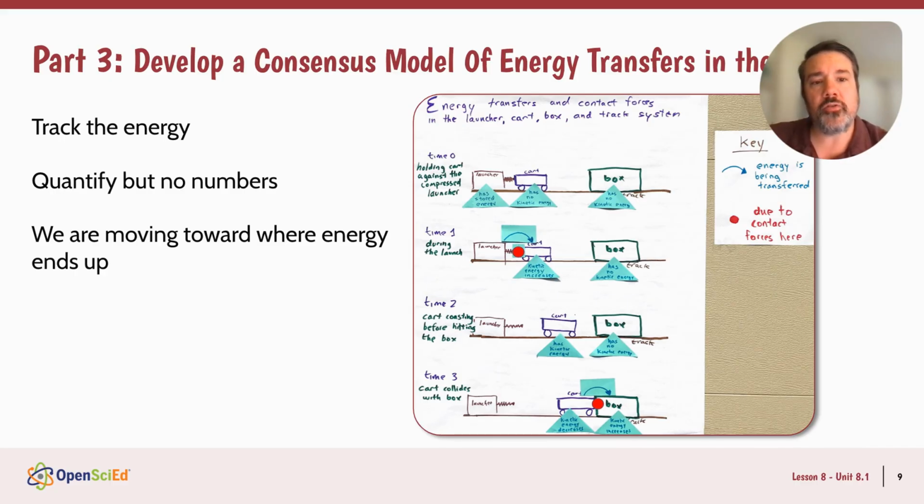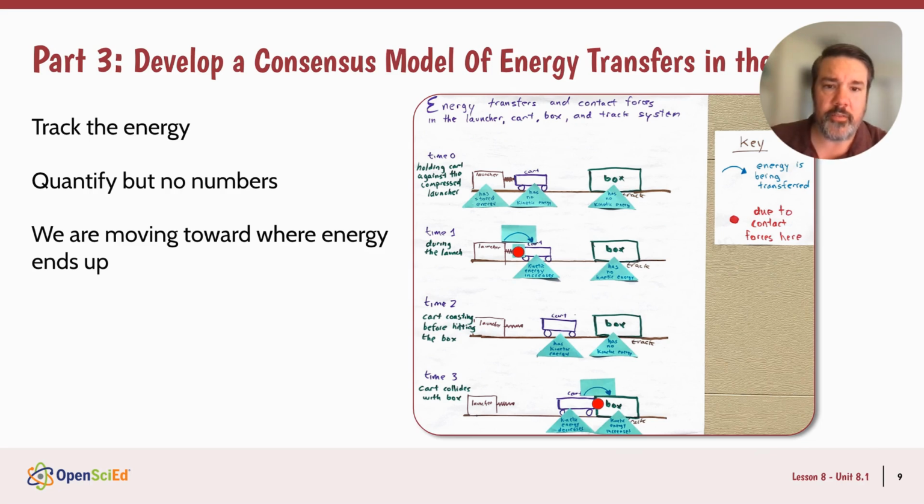So here we're tracking that energy at each moment. We're saying things like, the launcher has all sorts of stored energy. The cart currently has no kinetic energy. The box currently has no kinetic energy. So we're quantifying energy in terms of amounts, but we're not using numbers here. We're just thinking about, does it have a lot of energy? Does it have all the energy? Does it have some of it? And what's kind of happening there?